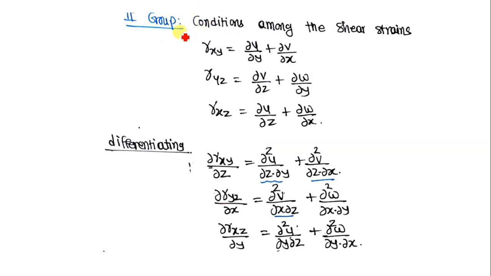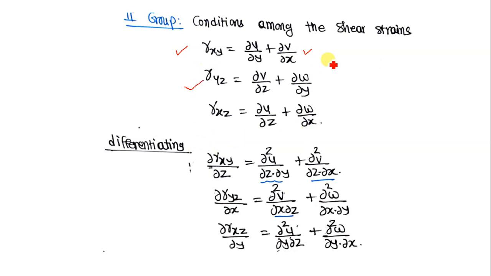Now this is the second way of differentiating the equations. We know gamma xy is equal to ∂u/∂y plus ∂v/∂x. Gamma yz is equal to ∂v/∂z plus ∂w/∂y. Gamma xz is equal to ∂u/∂z plus ∂w/∂x.